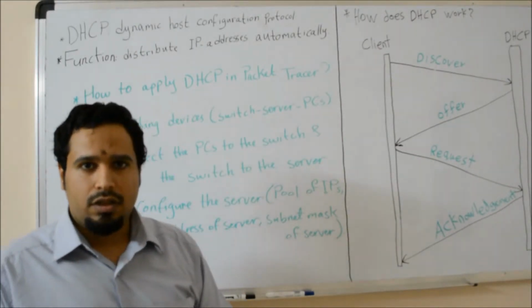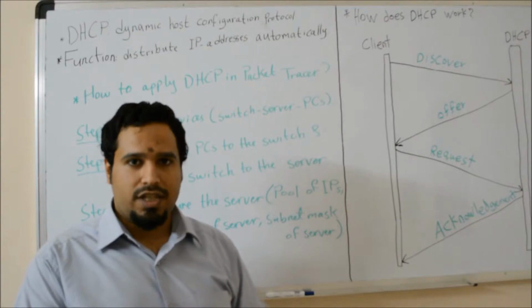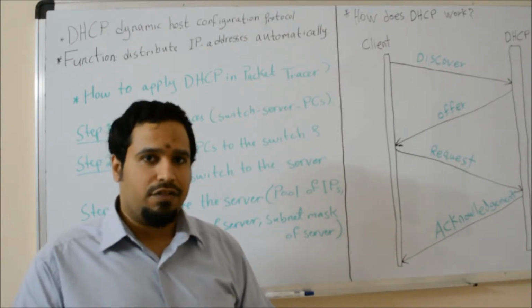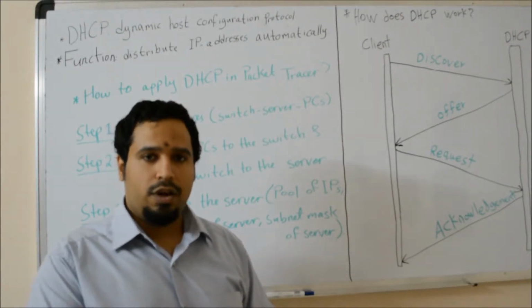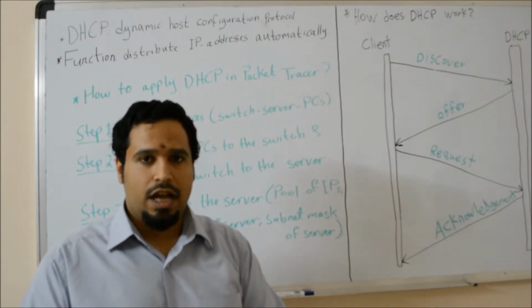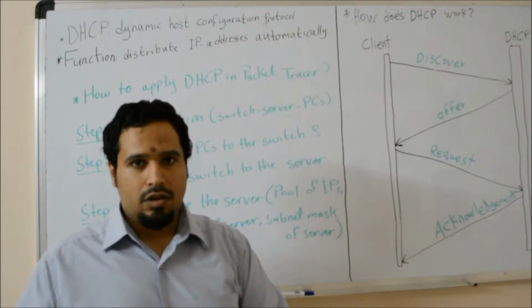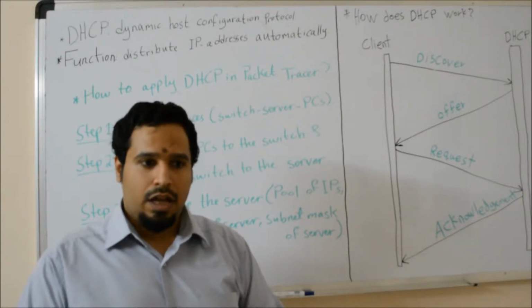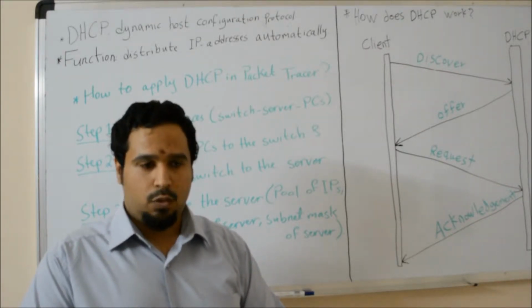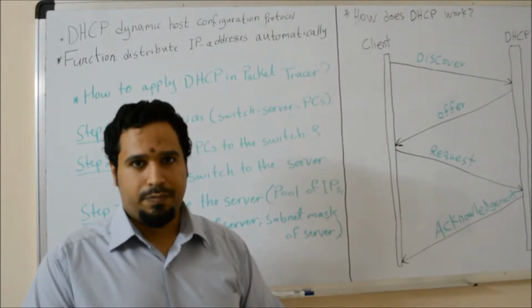Actually, we cannot connect the PCs directly to the server, so we need a central device. We need to connect the PCs to this central device and then connect this central device to the server, and then configure the DHCP in the server, and then the DHCP server will distribute the IP addresses.